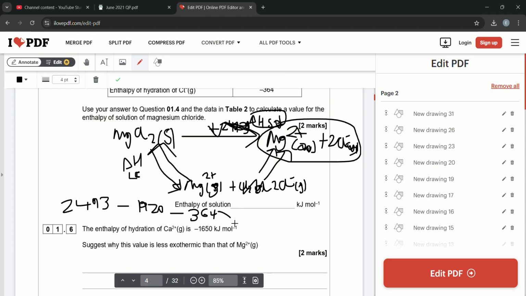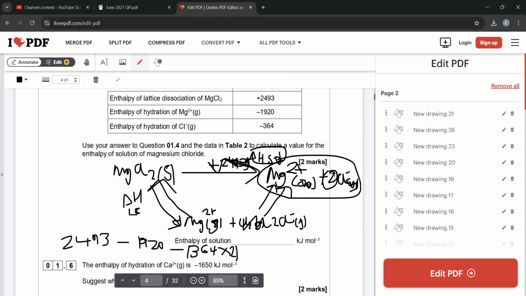However, the 364 must be multiplied by 2 since we've got 2 chlorine negatives. So times by 2, and we put it in a calculator, and we should get 2493 minus 1920, 573 minus 364 times by 2, minus 155 kilojoules per mole to the power minus 1, minus 155.